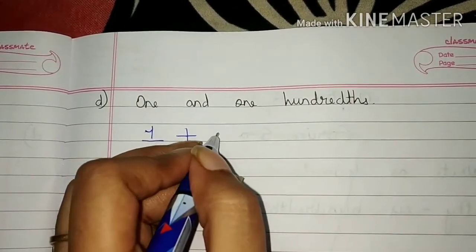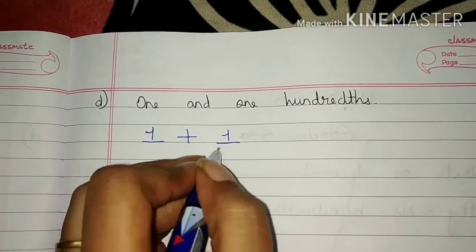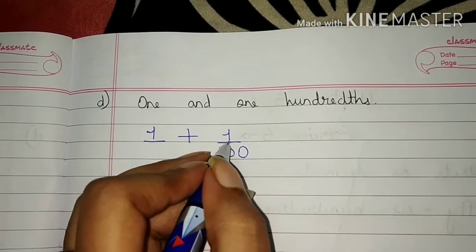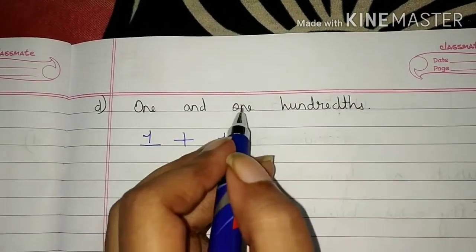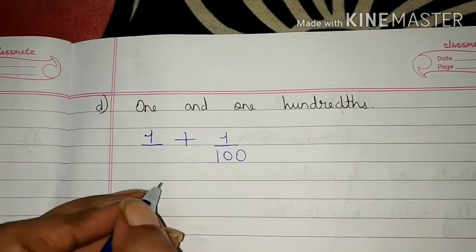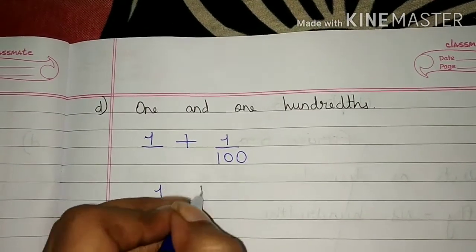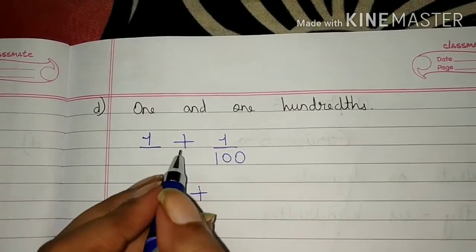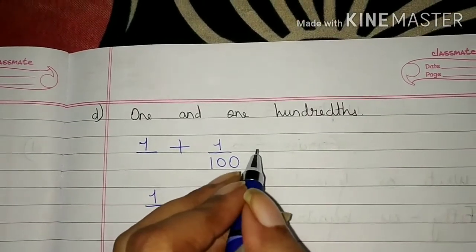So students, we will write here 1 divided by 100. Why we have written 1 divided by 100? Because here it is written 1/100th. Now students, 1 plus. Students, we will convert 1 divided by 100 into decimal.